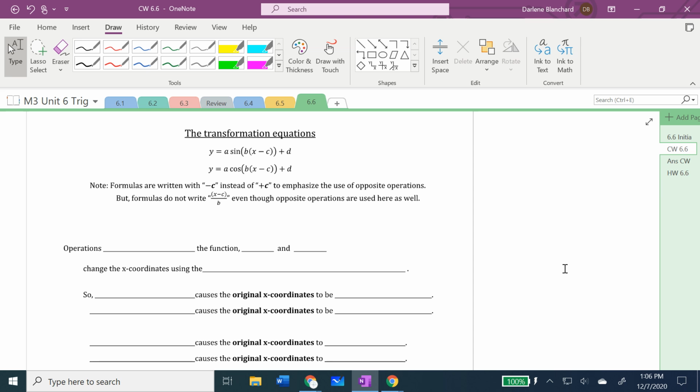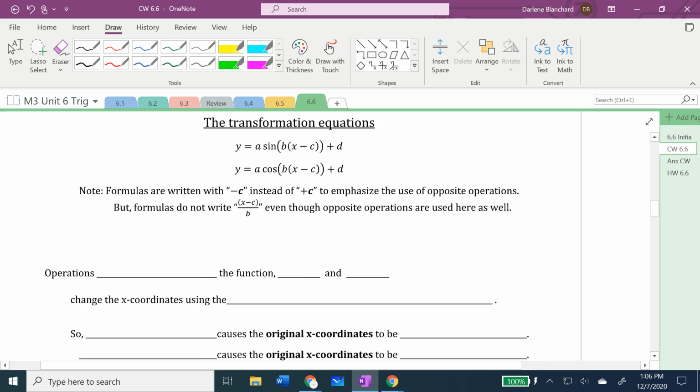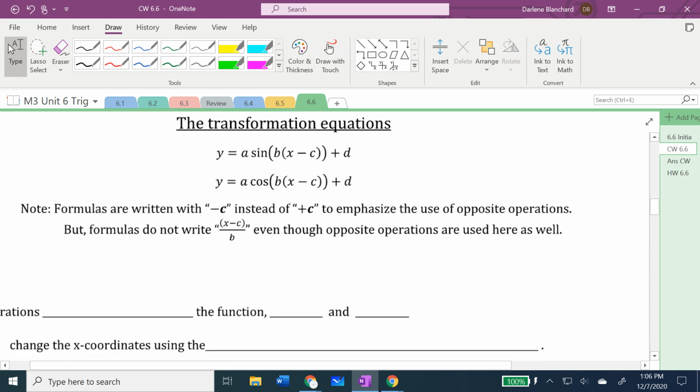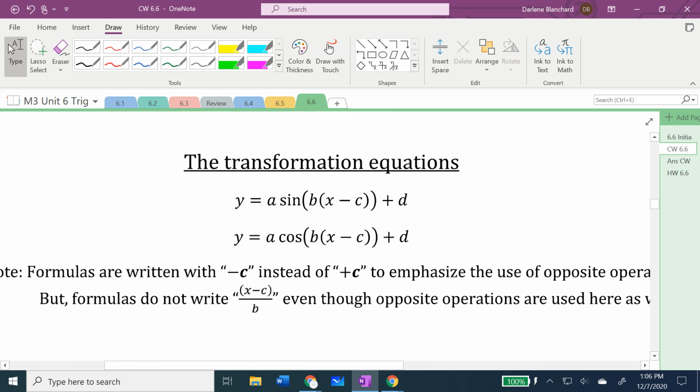This is going to be very, very important now. But I will say that you might already feel comfortable with it enough that you maybe don't need to write all this down, but let's go through it. I want to just warn you about a couple of things. These are the formulas that you will see for all the transformations.